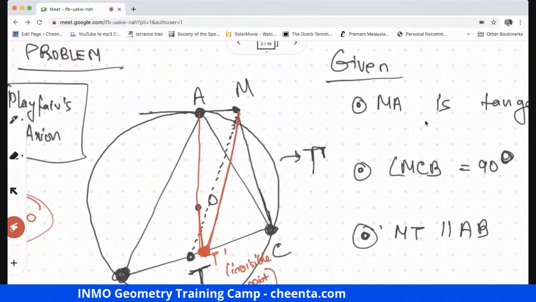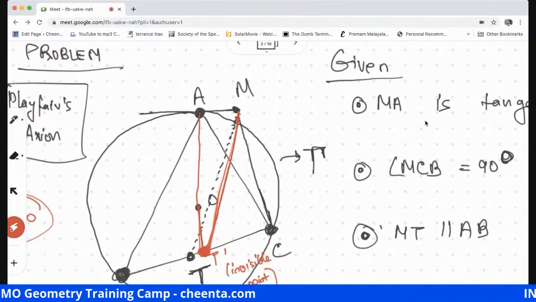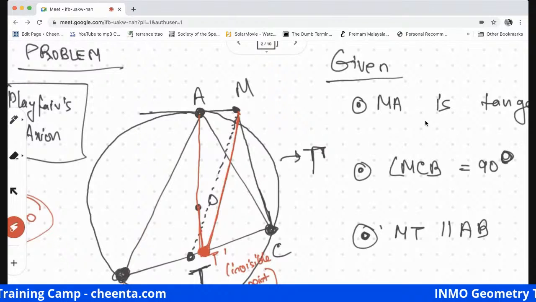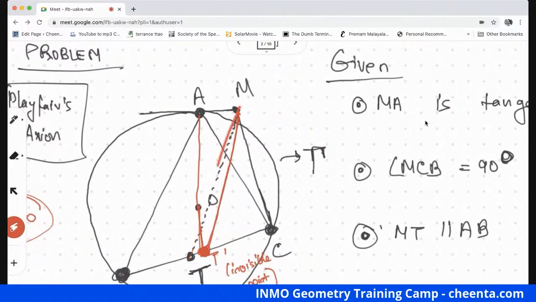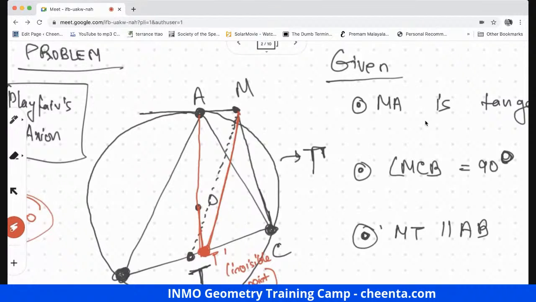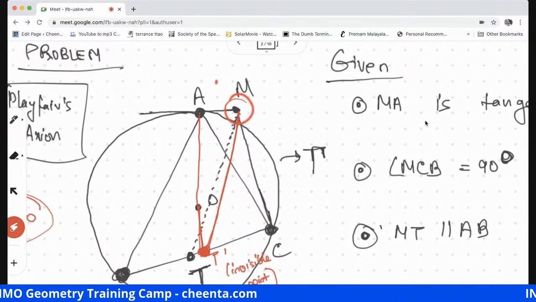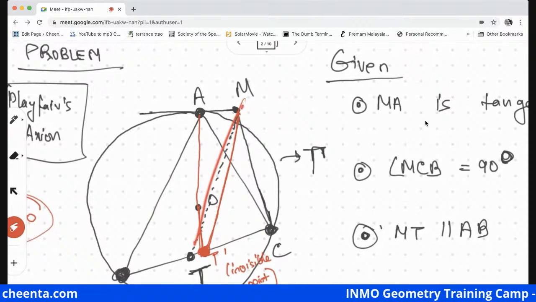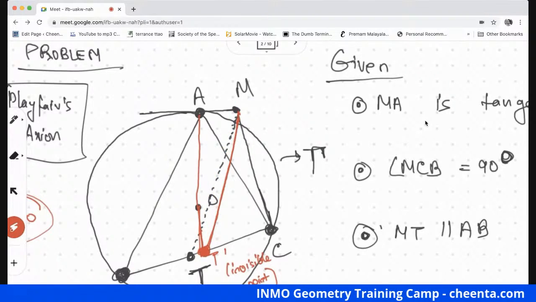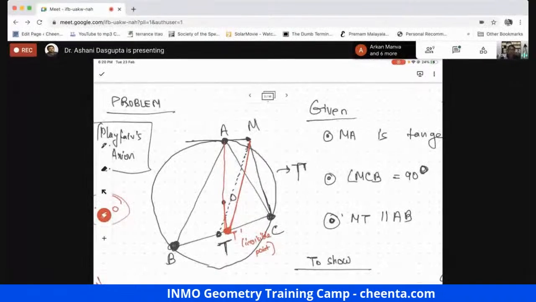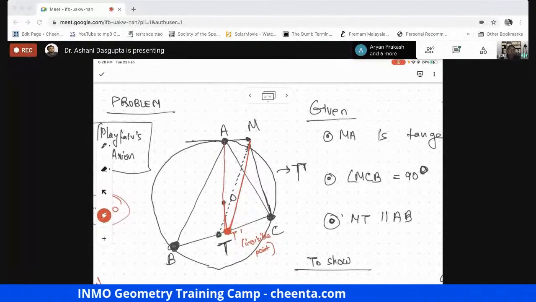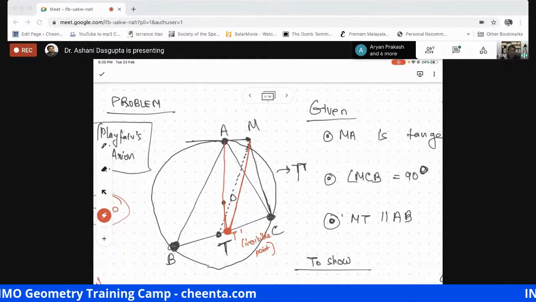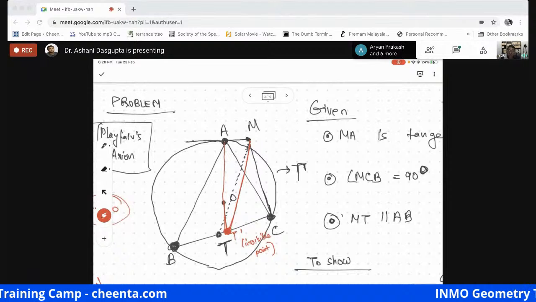If we can show that MT prime is parallel to AB, earlier we knew that MT is parallel to AB, then by Playfair's axiom, only one line is possible through M that is parallel to AB. By virtue of that, MT is equal to MT prime. You understand this particular theorem will probably not be true in a non-Euclidean context.